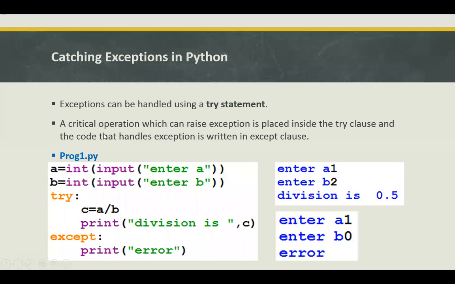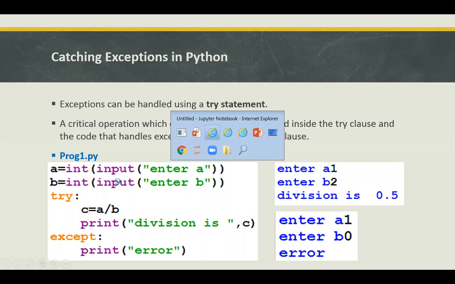We saw this example in the last lecture: you take input a and b and divide; if b is 0, the error occurs, it goes to the except part and shows the error. The program will not terminate.